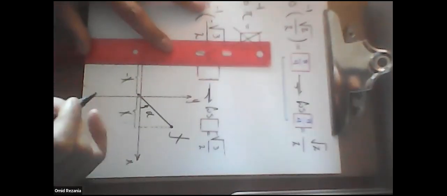Correct, Philip and Gloria? But with the negative sign, this one is going to be minus the square root of 3 divided by 2, until this point. In order to find the angle, I have to be very precise.